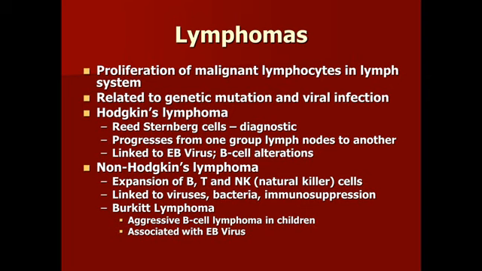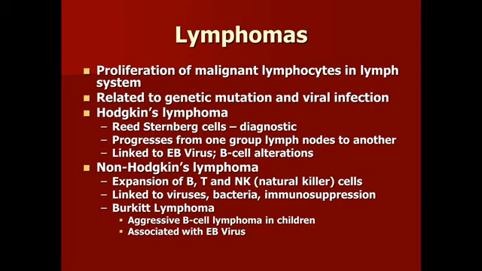And this lymphoma progresses from one group of lymph nodes to another. Now remember we said that several lymphomas are linked to viral infections. Hodgkin's lymphoma has been linked to the Epstein-Barr virus and has also been linked to B-cell alterations.